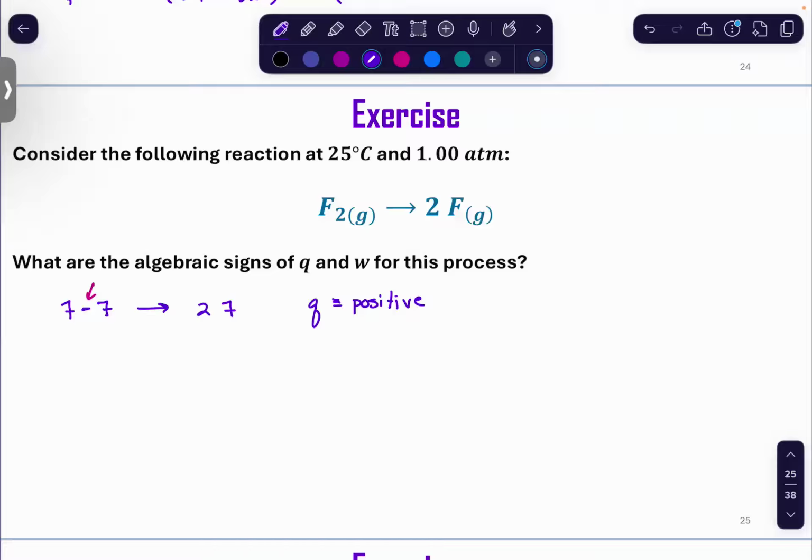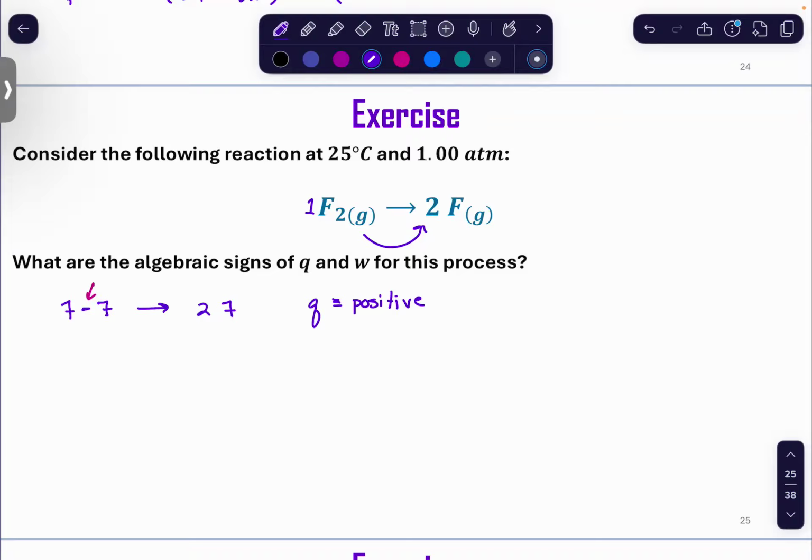Well, what about W? So in the beginning, we have 1 mole of gas. After the reaction, we have 2 moles of gas in the chamber. So we have more gas in the chamber, but the pressure stays 1 atmosphere.